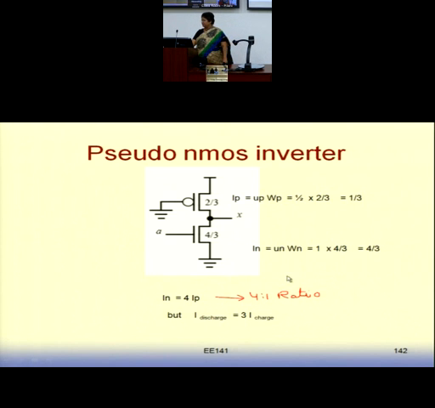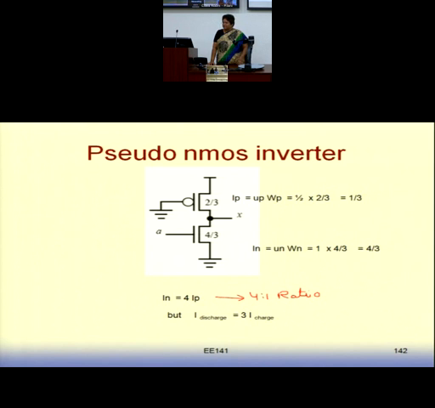If you want this to be 4:1, then change. So with 2/3 and 4/3, I am getting a pull up to pull down ratio of 1:3. It's not 1:4. This is a point to be noted.